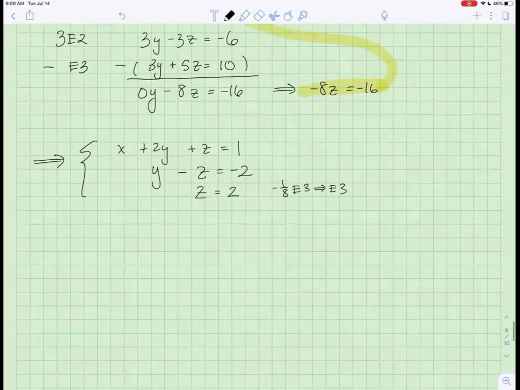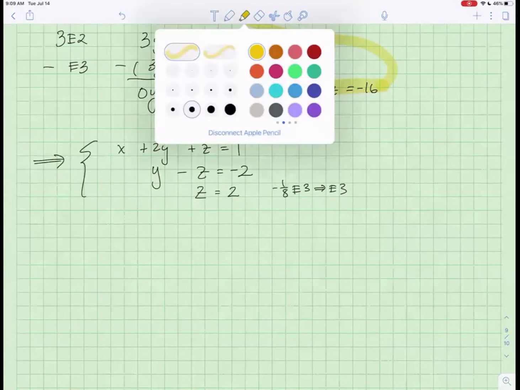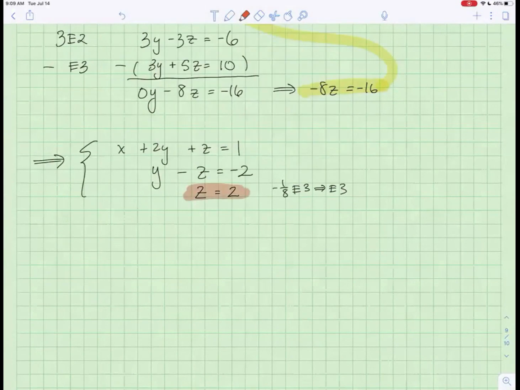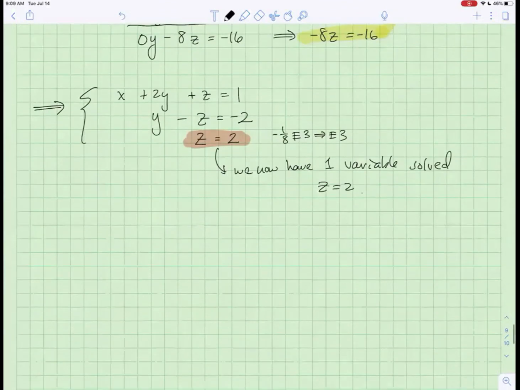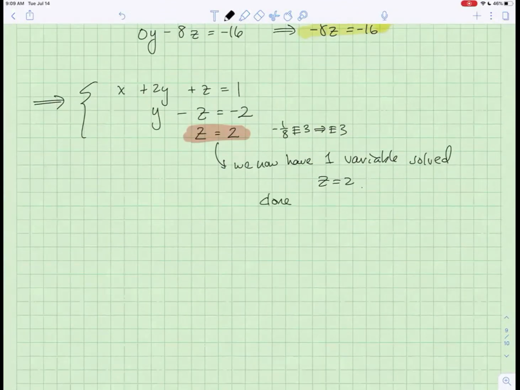And so what we're going to notice here is we now have one variable solved. Z is equal to 2. So we are done with our elimination. And now switch to back solving.